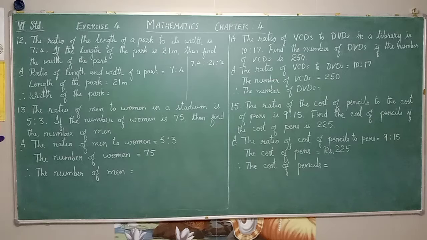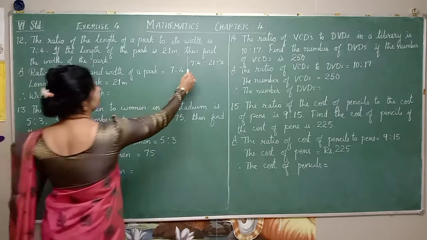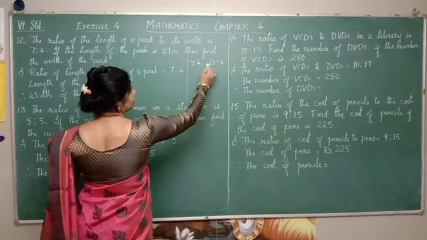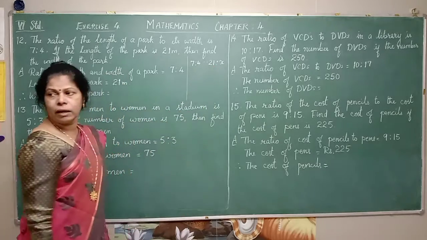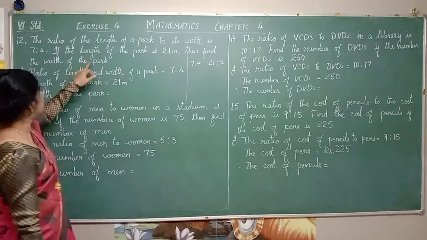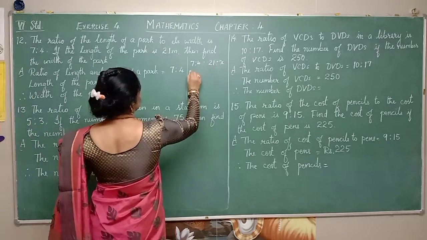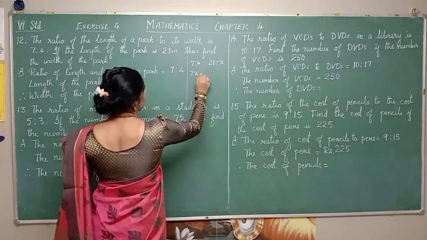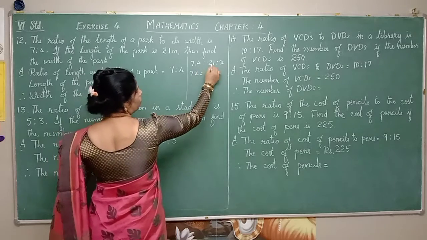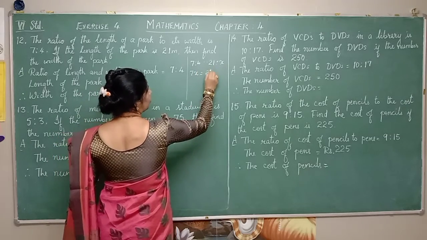Yes, now. So you have seen that length into breadth. So you have to find out the width. Actually they have asked for the finding of width, isn't it? So what you have to do? Extremes. What is that? 7x is equal to 4 into 21 or 21 into 4. Both are same.